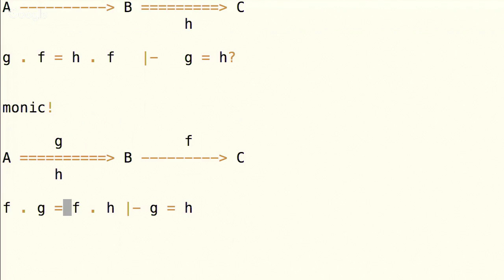And what is this? If we only have access to these, then every B has to be mapped onto a distinct C. Right? This is one-to-one. We can't lose any information in this map.